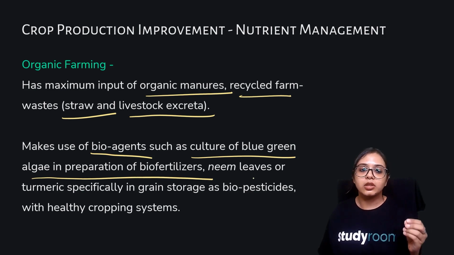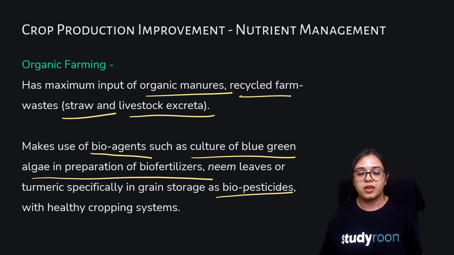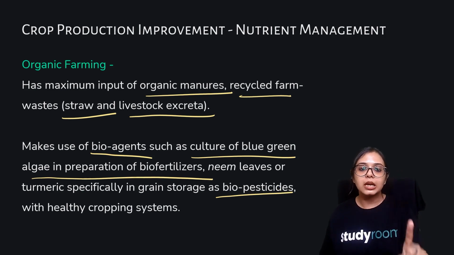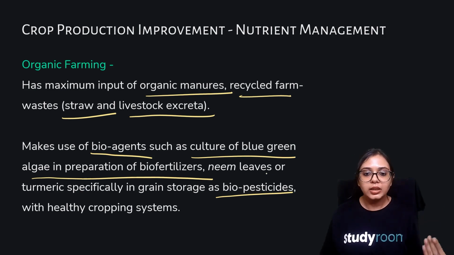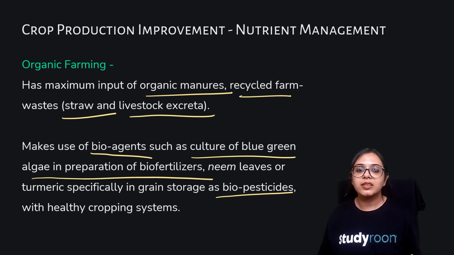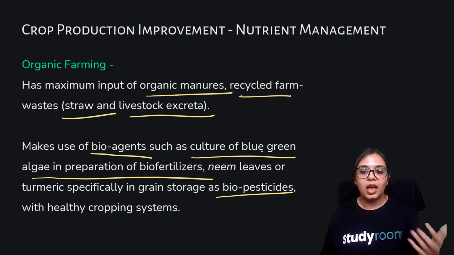Neem leaves and turmeric, especially in grain storage, act as biopesticides, meaning they protect the crops and the harvest from attacks by pathogens and other animals.